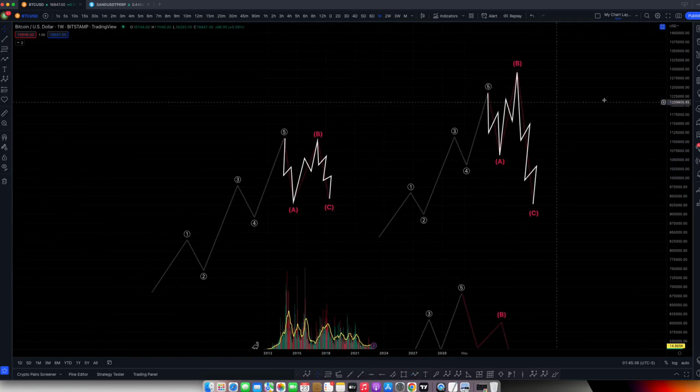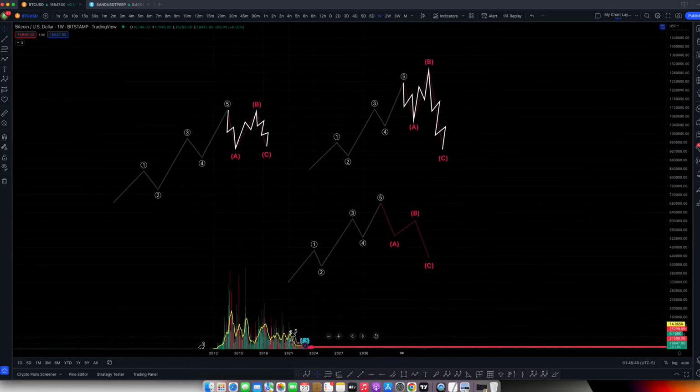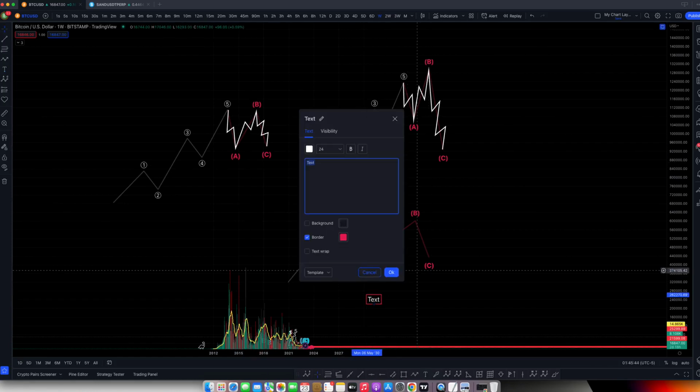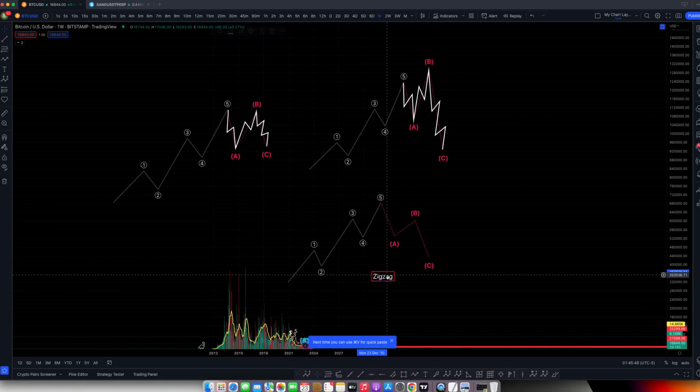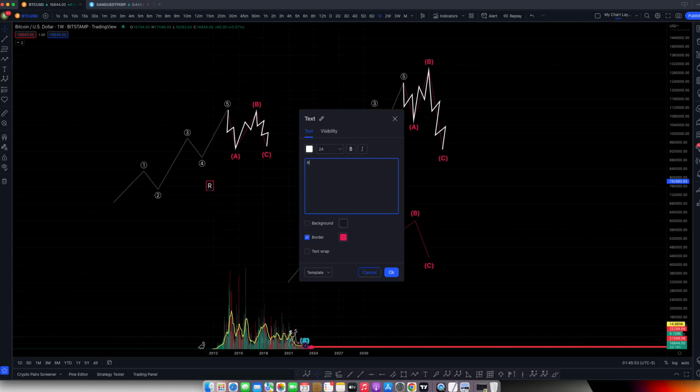Right? So let me just name them also so that you are clear. This one we talked about is a zigzag, right? Simple zigzag. Then this one is our regular flat, or simply you call it flat.